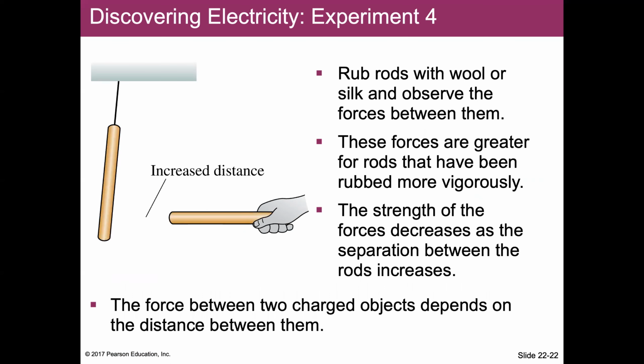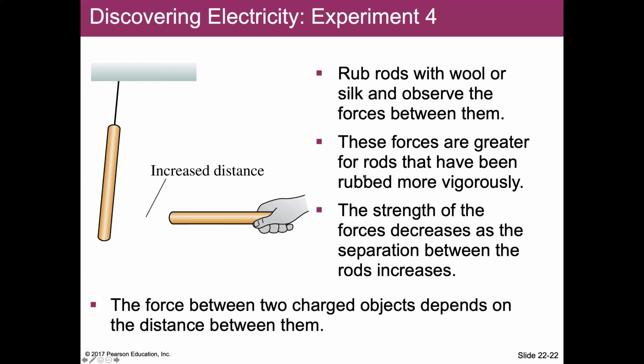Okay, experiment 4. Let's see some factors which affect the forces. Rub the rods with wool or silk and observe the force between them. These forces are greater for rods that have been rubbed more vigorously.